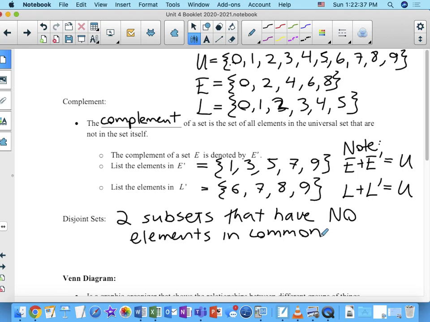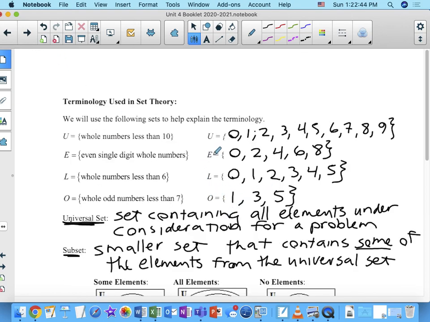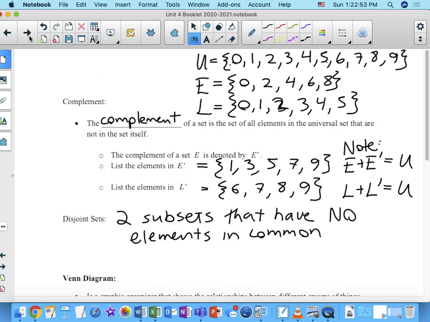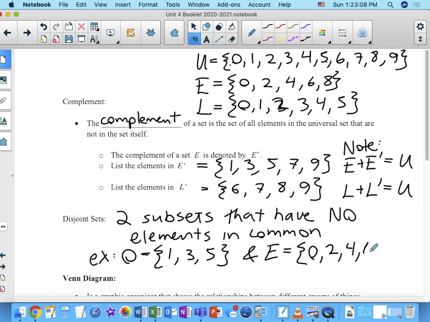So I have to go back to the previous page because I can't remember what these were, but like O and E, right? E was even numbers, O was odd numbers. Those ones would be disjoint because they share no common elements. Okay, so for example, O, which is 1, 3, 5, and E, which is 0, 2, 4, 6, and 8. Those are disjoint.